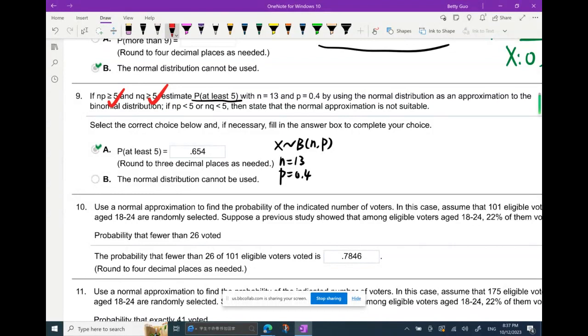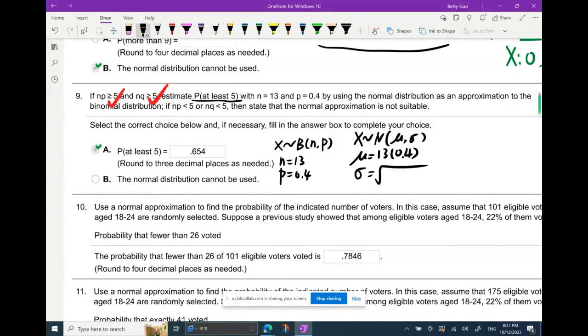All right, so we are looking for the probability. We are able to use the normal approximation, right? And the normal approximation we are using is going to have mu equals n times p. It's a formula we learned from the previous section.